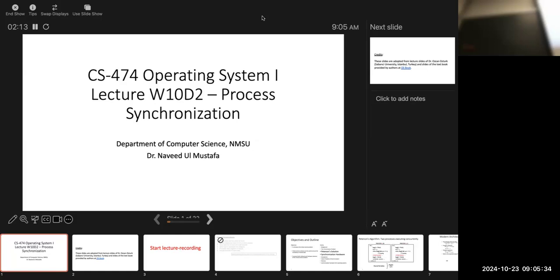We want to run them on core A and B. I'm not going into detail of the scheduling algorithm. Let's say P0 is running here and P1 is running here. P1 is accessing some data, doing some computation: sum equals A plus B. Here you have memory, and all these are memory locations.